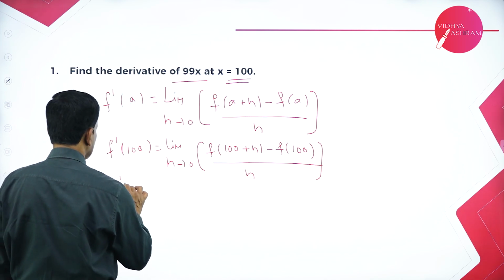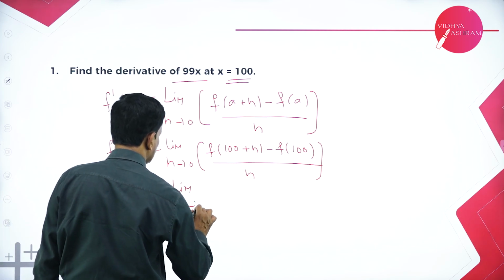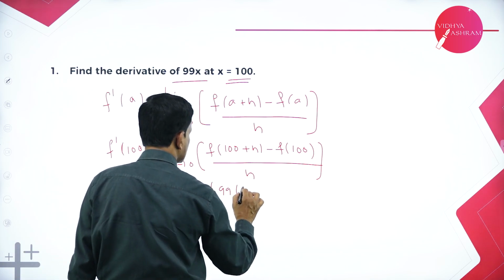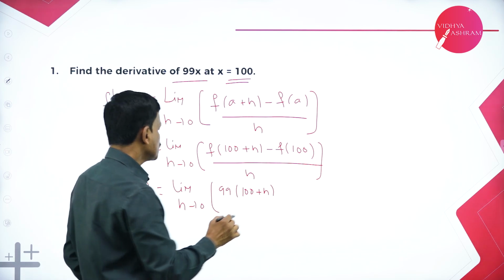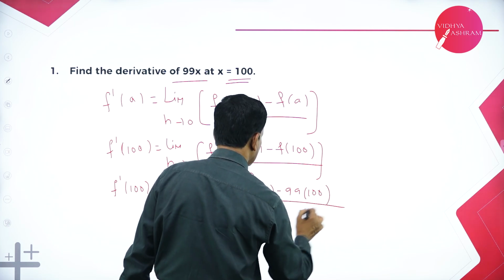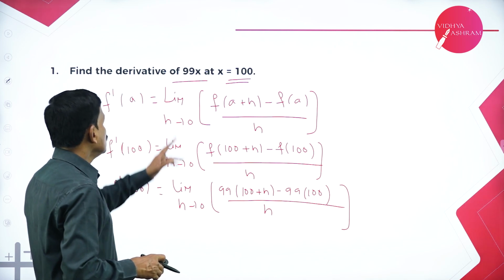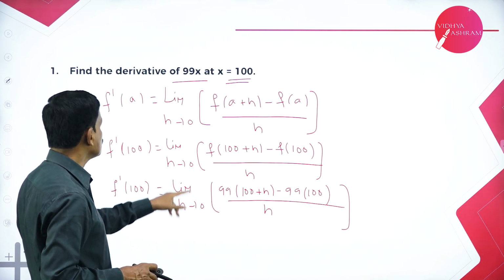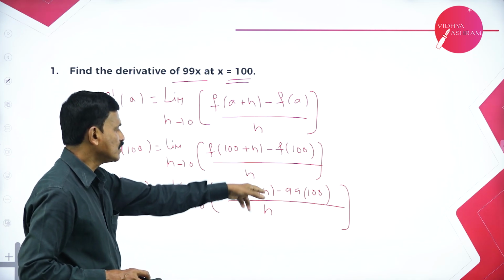So f dash 100 is equal to limit h tends to 0 of 99 times 100 plus h minus 99 times 100 divided by h, since x is nothing but 100 plus h.